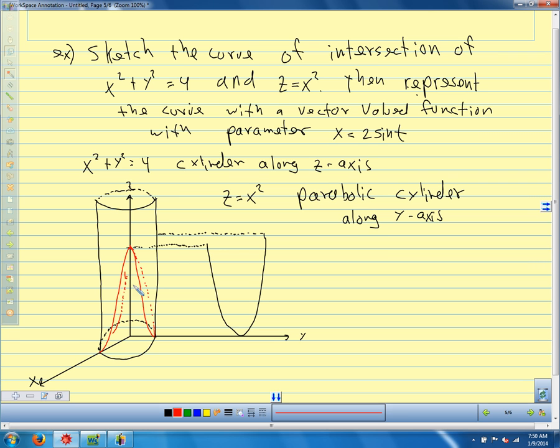So to help us visualize, I did two things. One, I made a model, so I'll pass that around. And I also made a graph that we could rotate around. So this parabolic cylinder cuts through this other cylinder.